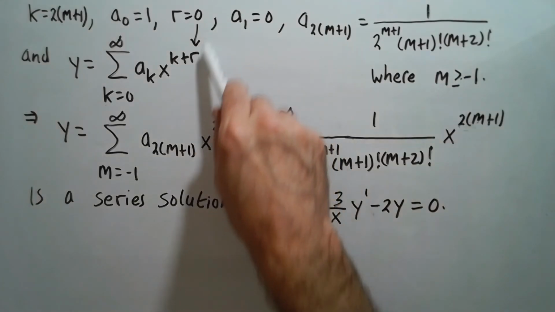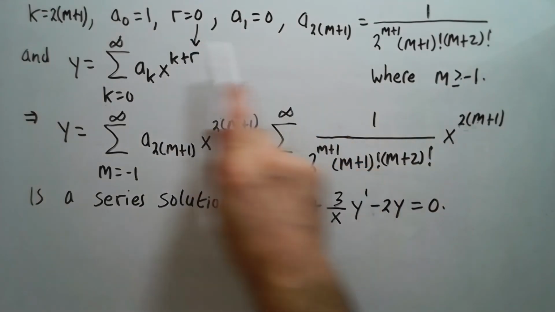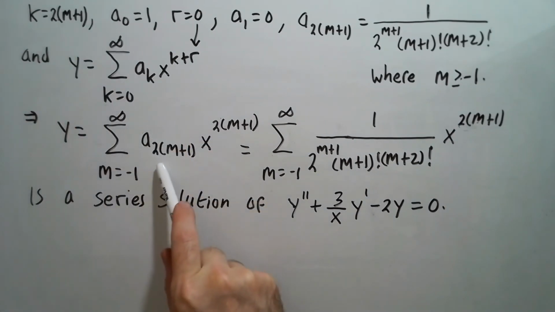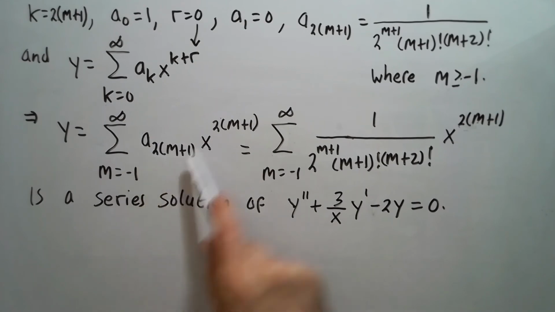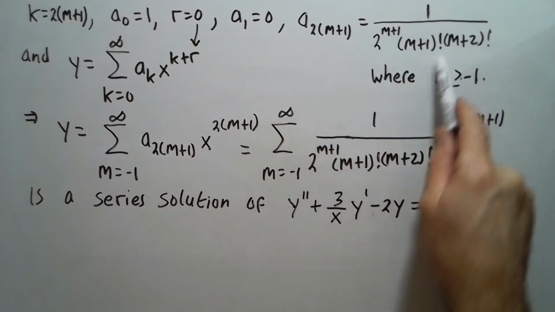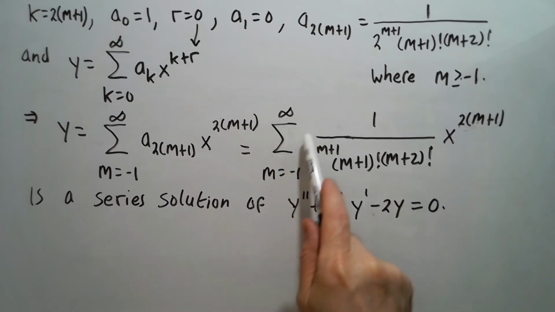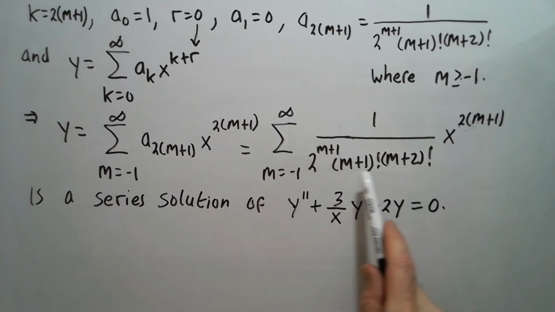Putting 0 in place of r and putting this in place of k, I've done that here. Then using the formula that we derived for a2 subscript m plus 1, making that substitution here, this should be our series solution.